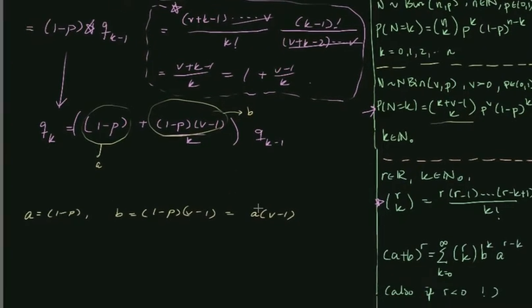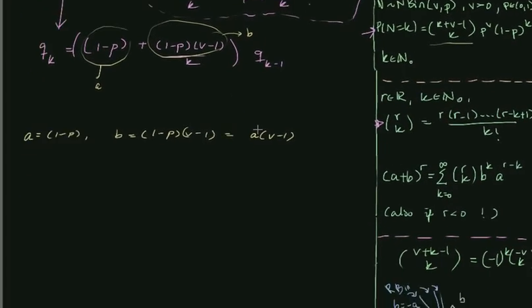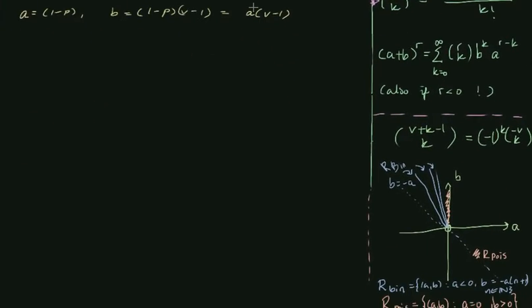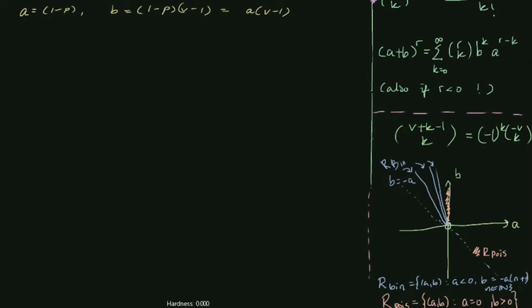Now, which regions should a and b lie inside? Well, we can think a little bit about that. p should be between 0 and 1, right? So p lies between 0 and 1. That forces a to lie between 0 and 1 as well.